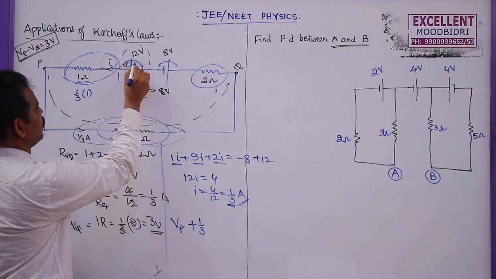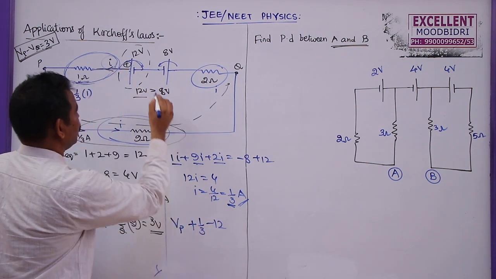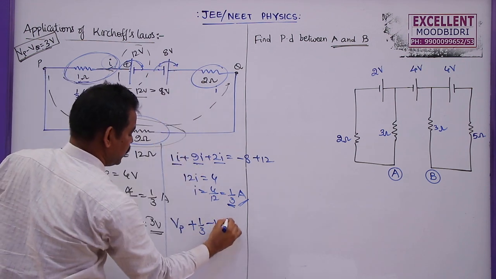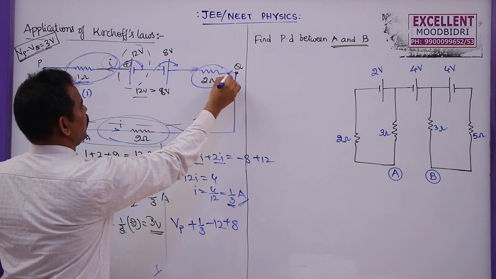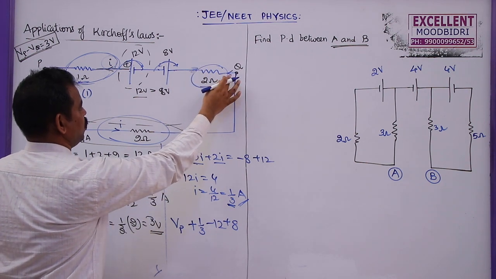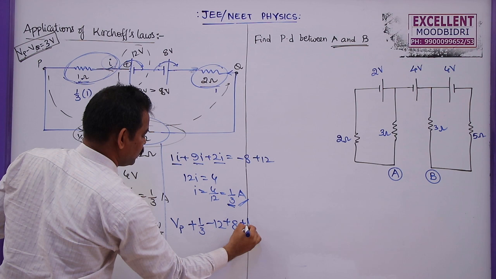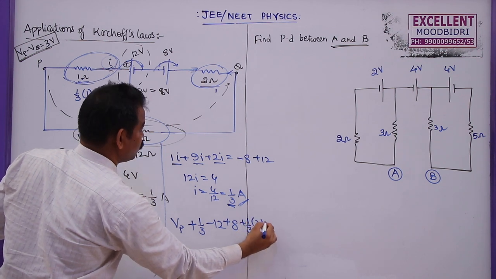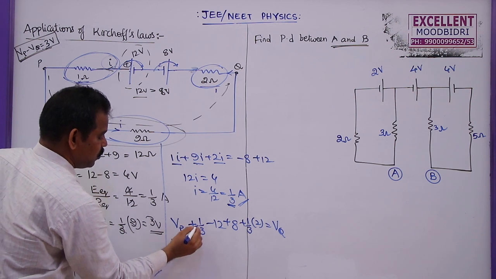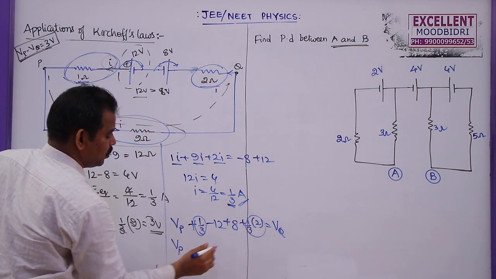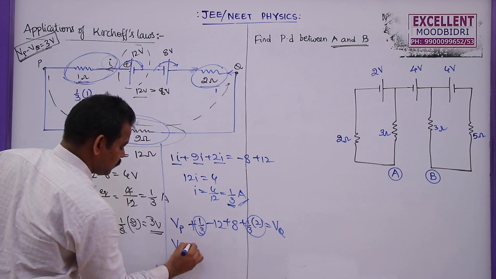Now I am moving here, minus 12. Now this will be plus 8. And here, as the current is coming in the opposite direction, this is also 1 by 3 into 2, plus 1 by 3 into 2, which is equal to VQ. So this will be Vp, 1 by 3 plus 2 by 3 will be 3 by 3, which is equal to 1.